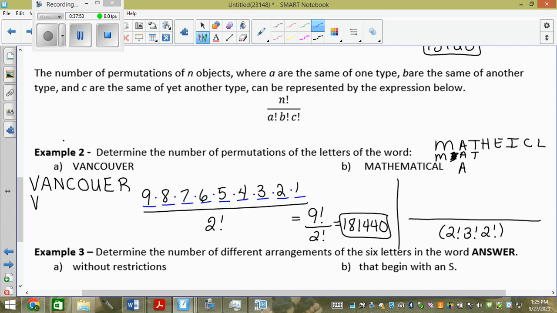Not 7, because I have 2 and then 3 and then 2. If you say 7, you have 7 of the same letter, which some people do. If you go 2 times 3 factorial times 2, that's actually 24. And 7 factorial is 5,040. So you don't want to divide by putting them all together. Mathematical is 1, 2, 3, 4, 5, 6, 7, 8, 9, 10, 11, 12 letters. So you go 12 factorial over top.